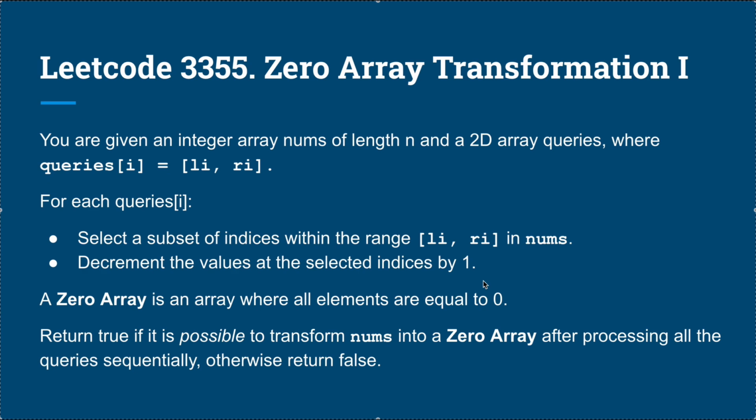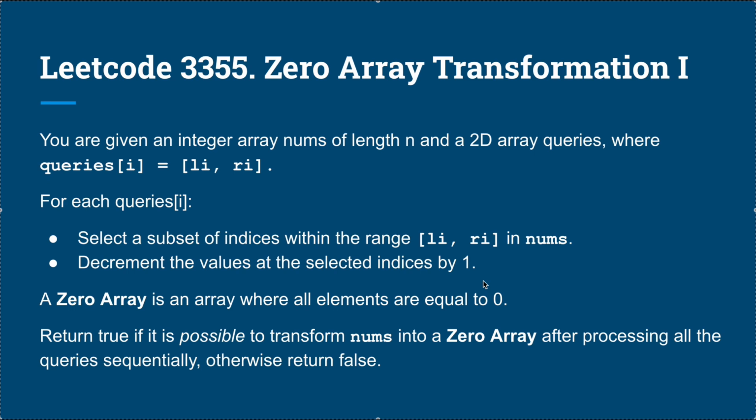Because we can pick any subset inside each range query, the maximum decrement count for each index is exactly the number of queries covering that index. For example, if an index is covered by, let's suppose, 3 queries, you can decrement that index up to 3 times.